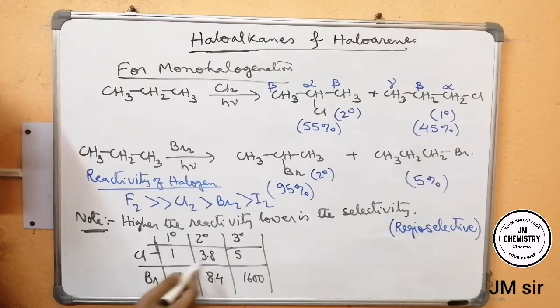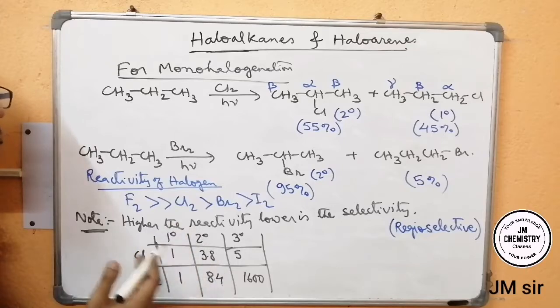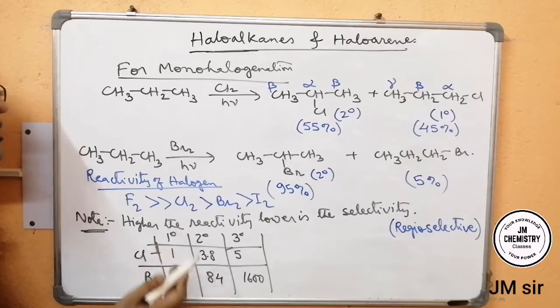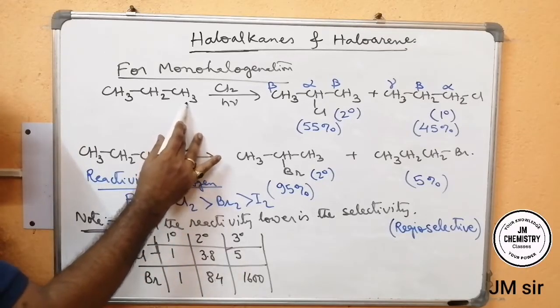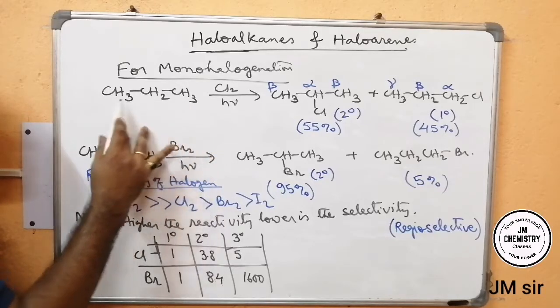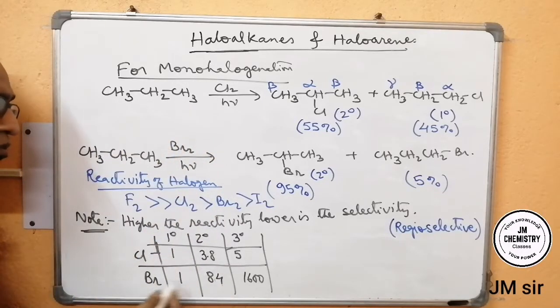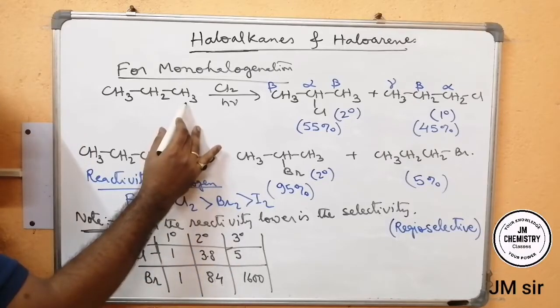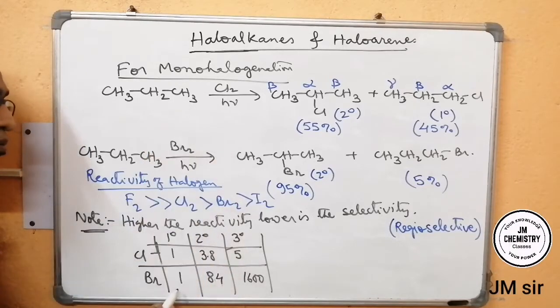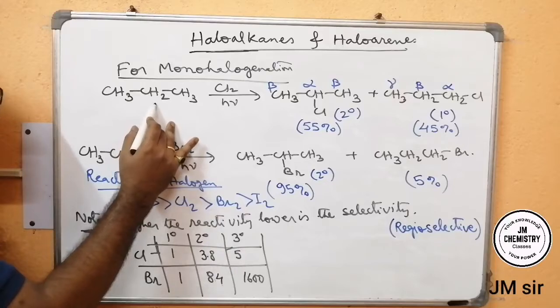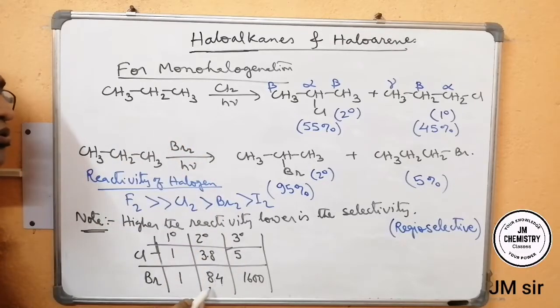So for chlorination, you can see the selectivity for the formation of 2 degree and 3 degree is not that high. That means chlorine is so reactive that it is immaterial for chlorine whether it reacts with the first carbon or second carbon or third carbon. It doesn't matter. But for bromine, if the first carbon reacts, it will form 1 degree product. If the second carbon reacts, it will form 2 degree product, and the formation of the 2 degree product is highly selective, that is 84 selectivity.